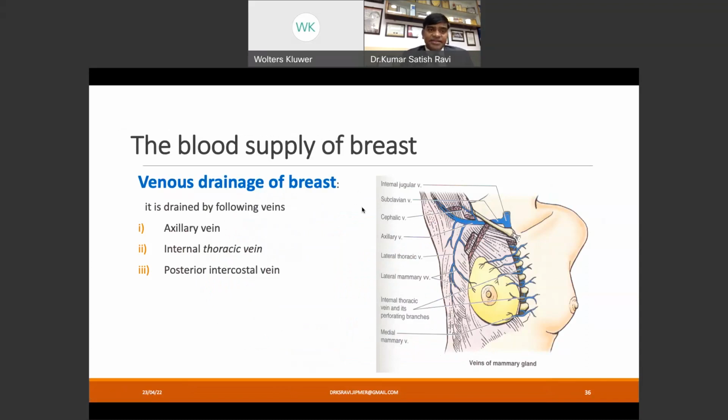Now, when we see the venous drainage of the breast, the veins will be following the corresponding arteries. What will happen is that first they converge towards the base of the nipple, over here, you can appreciate, right? They converge towards the base of the nipple, where they form a circle.